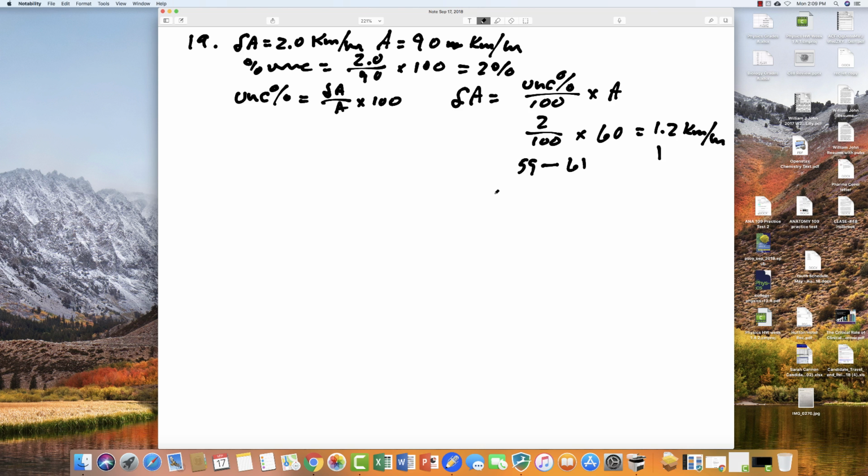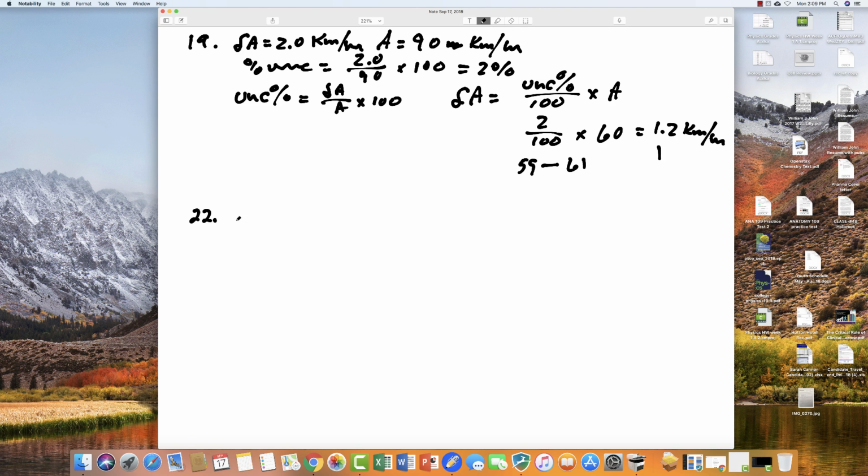Now, number 22 is the next problem. What is the area of a circle that has a diameter of 3.102 centimeters? Now, this is a question, not so much of geometry, but a question of how you're going to express these significant figures here.